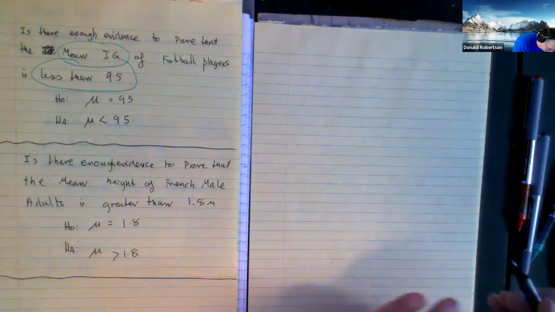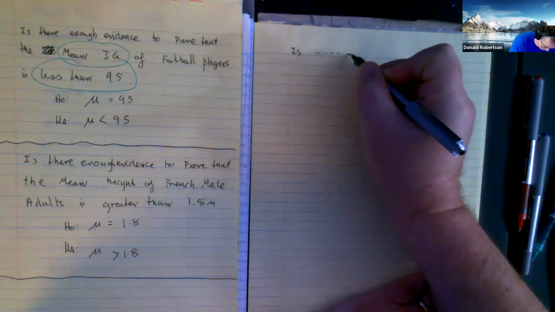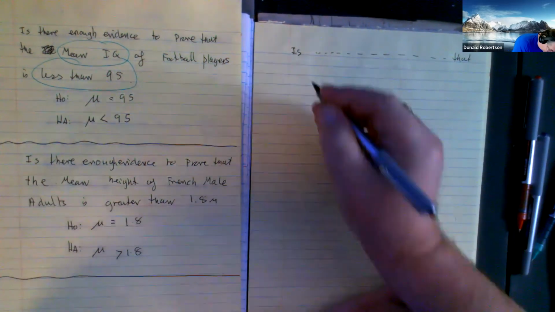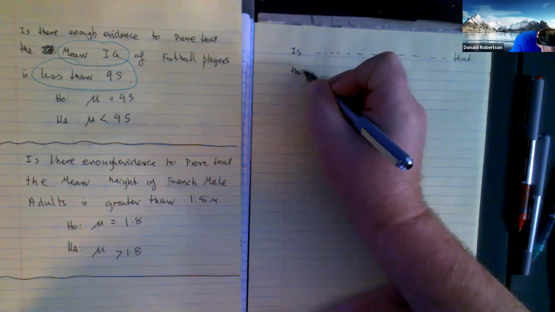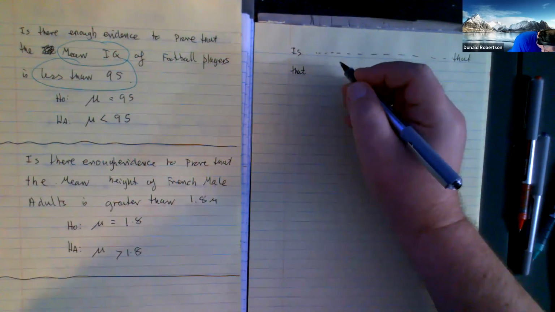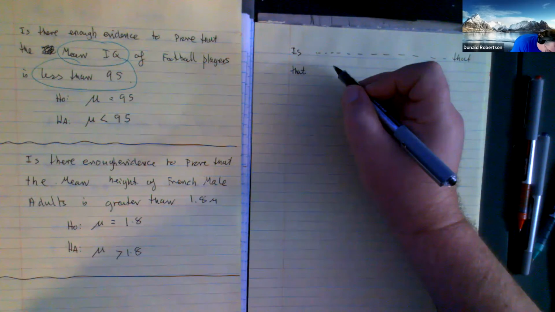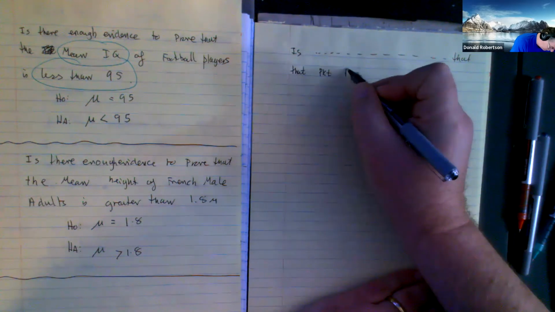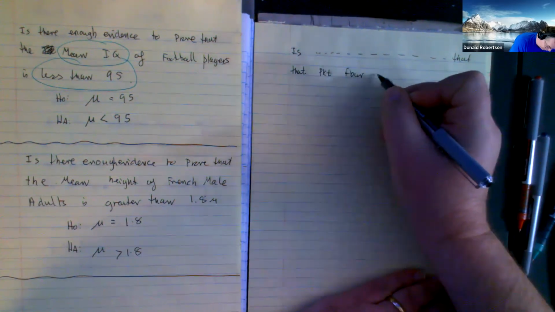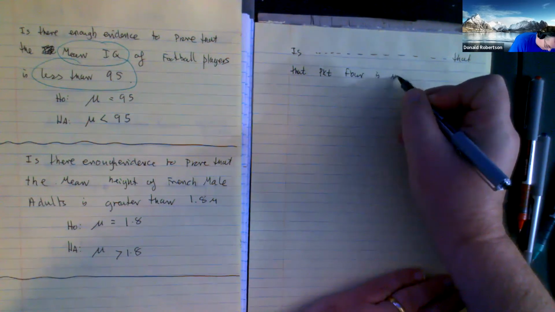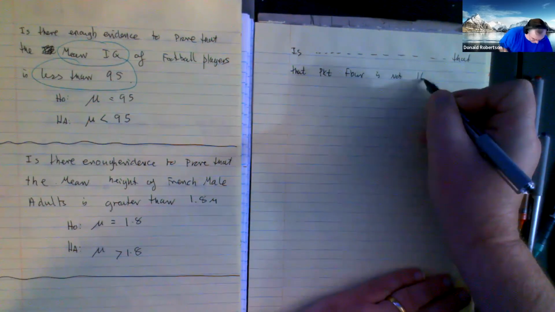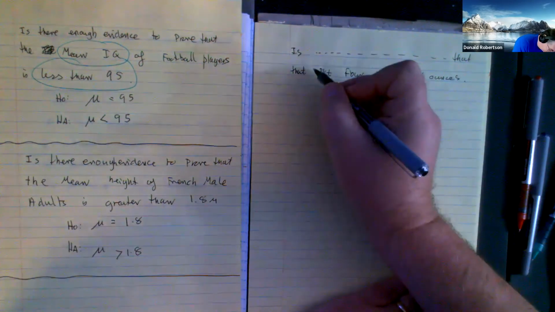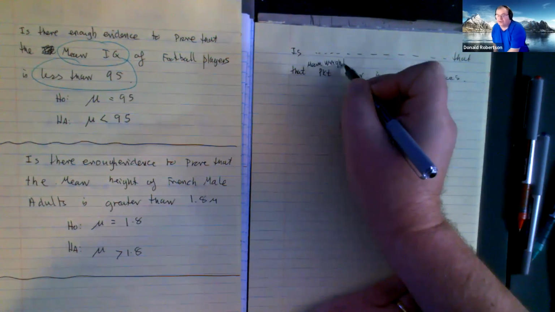So I'm not writing it there, enough evidence to prove that. So that is basically this. And this time that the mean weight of a packet of flour is not 16 ounces.